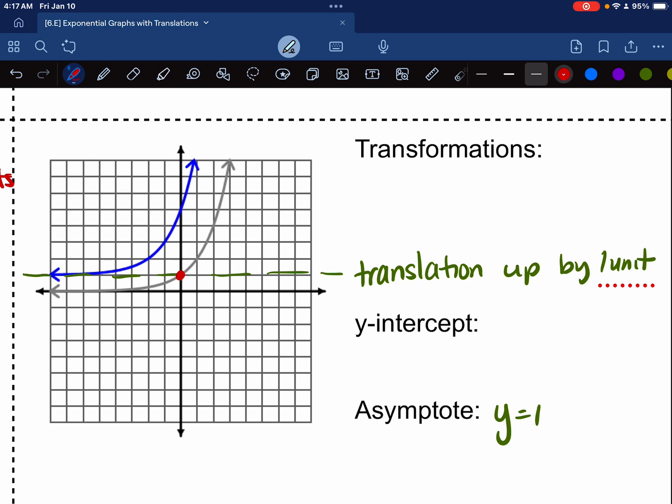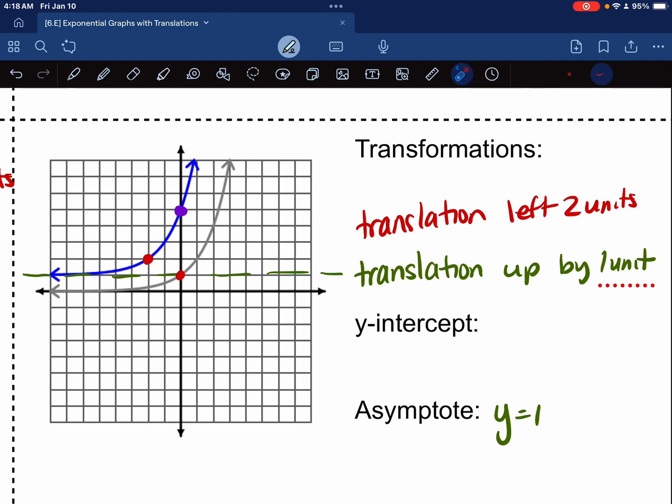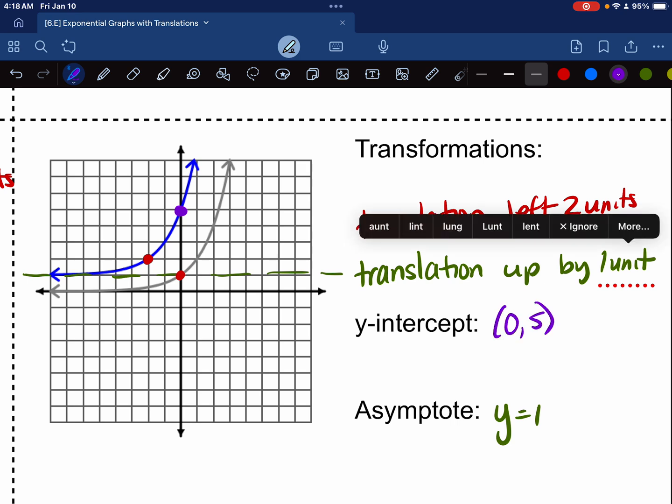So if I go up by 1 unit, it looks like this graph was slid left by 2 units. And then we're estimating that y-intercept, which this one looks like it's nice and on the graph really well. It looks like it's at 1, 2, 3, 4, 5. And so you got that nice clean y-intercept, which you don't always get while graphing.